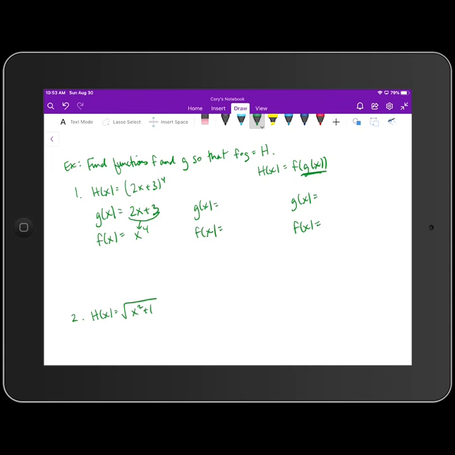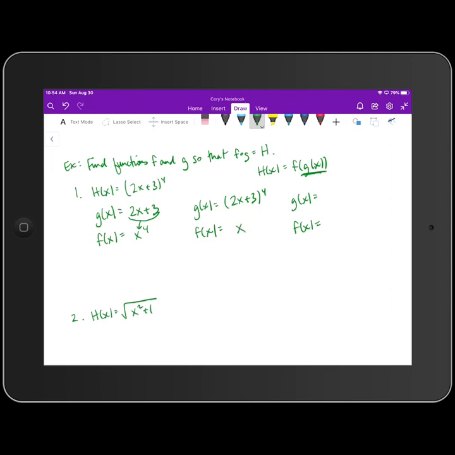Okay, so again, when you work this through, there are a ton of different ways that you can do this. One that's super easy is we can make g of x equal to 2x plus 3 raised to the fourth power, and I can make f of x equal to x.